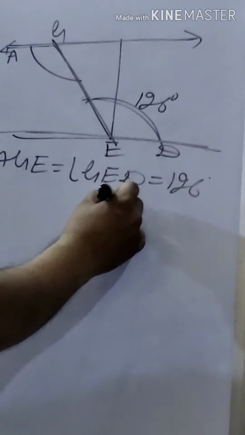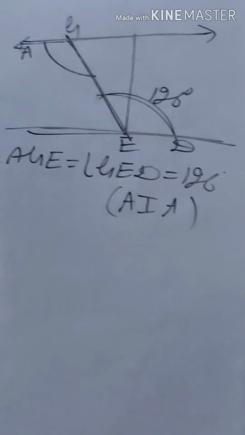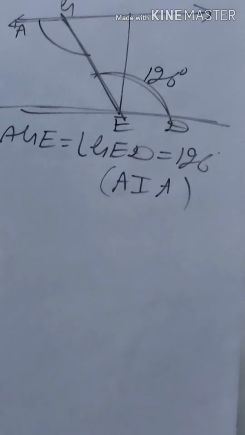So these angles, AGE is equal to GED, both are 126 because these are alternate interior angles. So its answer is also 126.